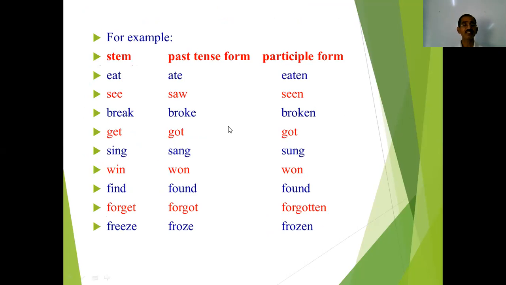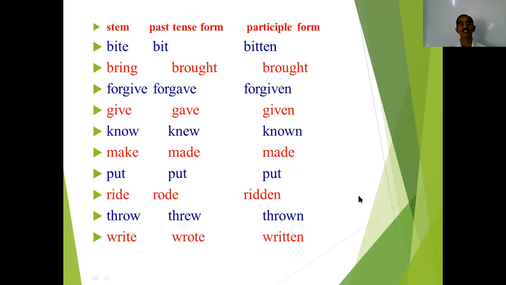Now let us see other examples which we can call irregular verbs. If you see the stem, root word eat, past tense ate, and past participle eaten. Eat, ate, eaten; see, saw, seen; break, broke, broken; get, got; sing, sang, sung; win, won; find, found; forget, forgot, forgotten; freeze, froze, frozen.